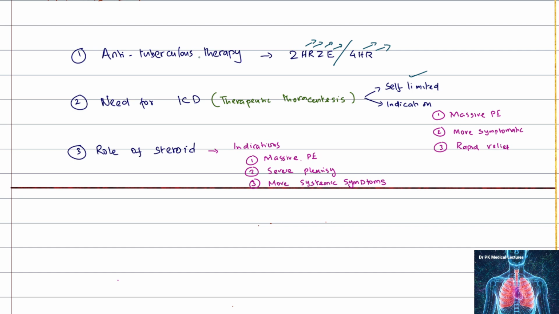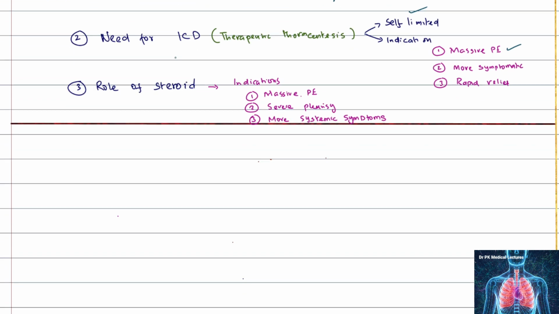Still, we have indications for therapeutic thoracentesis. Number 1, in cases of massive pleural effusion. Number 2, if the patient is more symptomatic. Number 3, for the rapid relief of the symptoms. Then the role of steroid, it is controversial.